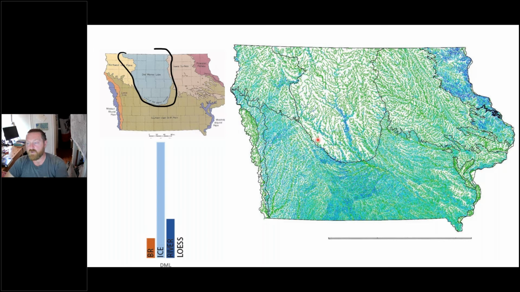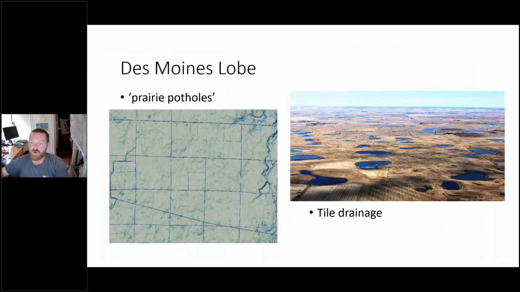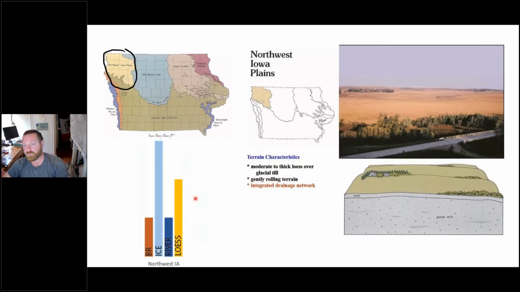So you have to drain those. And this is what these prairie potholes look like when they're filled with water. And this is what the terrain looks like here. It's not exactly smooth, but this is wildly smooth compared to most of the rest of the state.